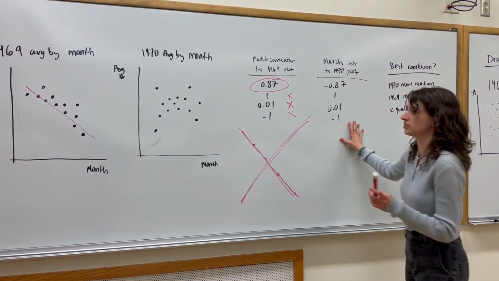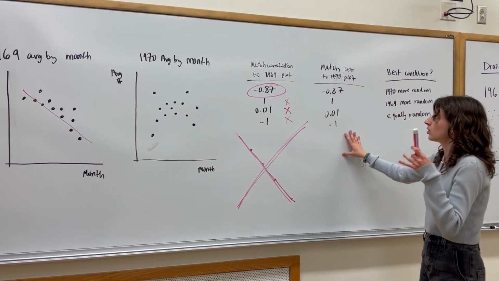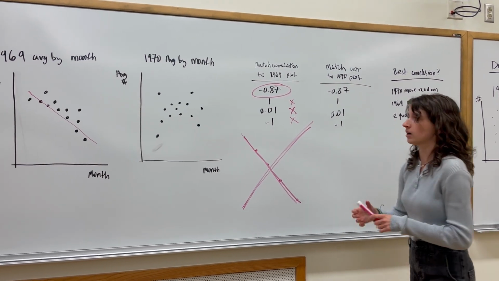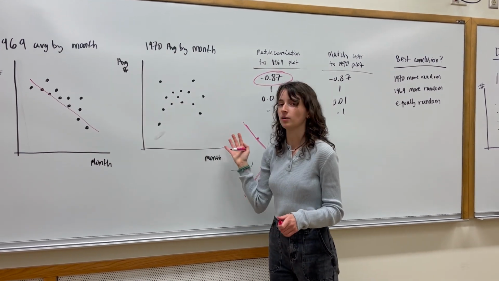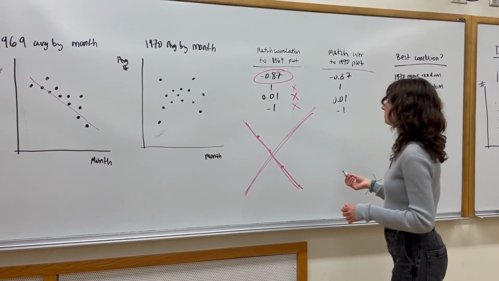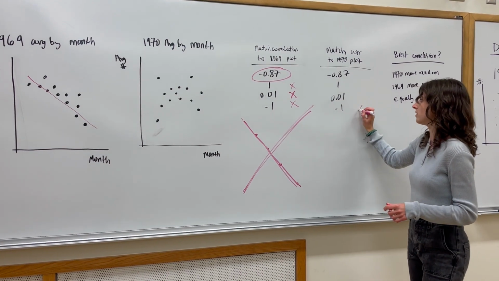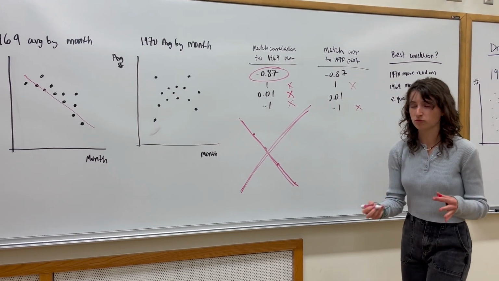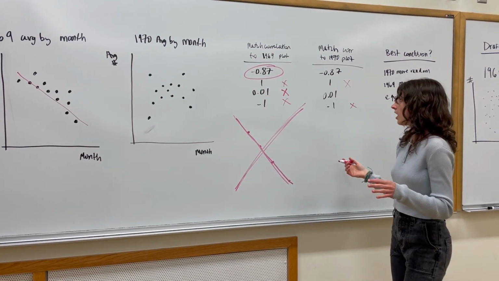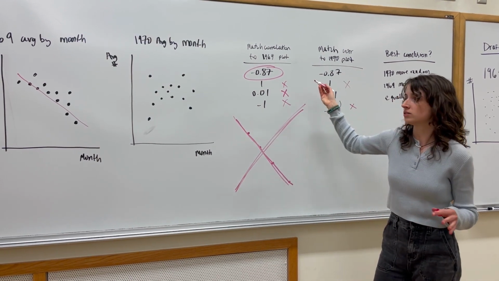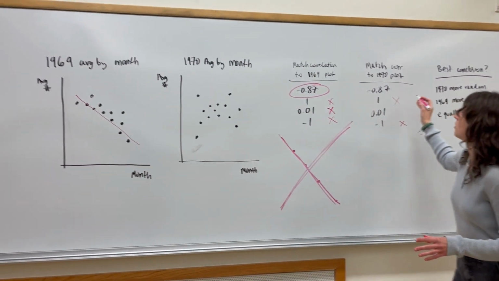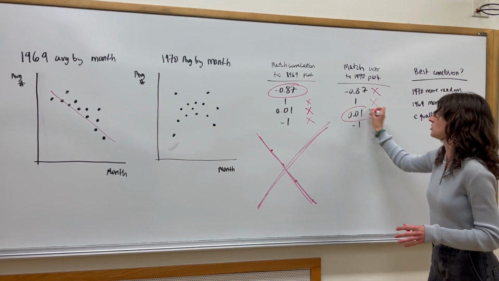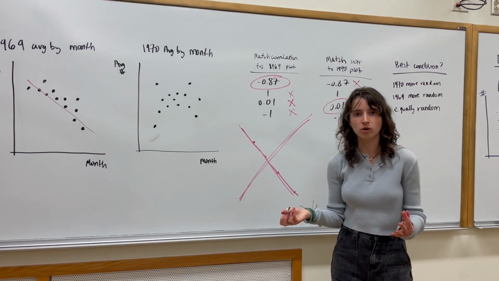Our next question is very similar. Match a correlation to the 1970 plot. And this one is a little more jumbled. You don't really see a clear line here as much. It's pretty weak. So we can definitely eliminate -1 and 1 for the same reasons as before. It's definitely not -0.87 because it's not as strongly correlated as the 1969 plot, right? So let's eliminate that as well, and what's left is 0.01, almost no correlation.